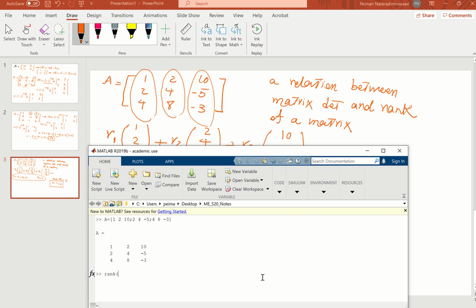If I ask for the rank of this matrix, obviously it's going to be 2, because this column is double of this column, so it's linearly dependent, so the matrix is not full rank. When a matrix is full rank, the rank is equal to the size of the matrix. Obviously I'm talking about a square matrix, because when you go to courses like ME 696 linear system theory, maybe you're going to see non-square matrices, and there are lots of things about the rank of the matrix.